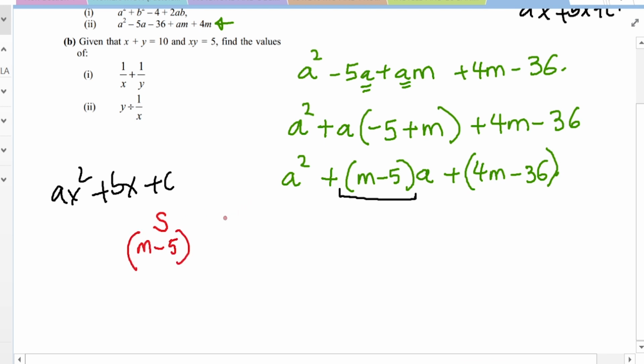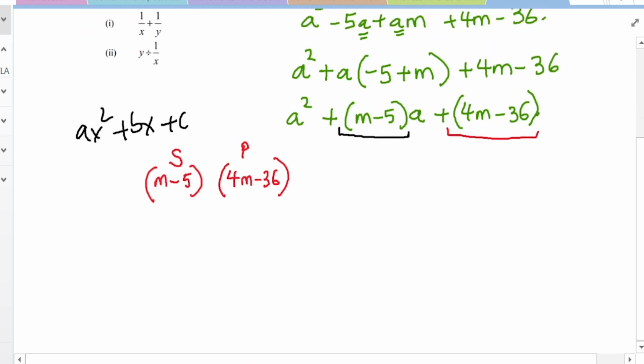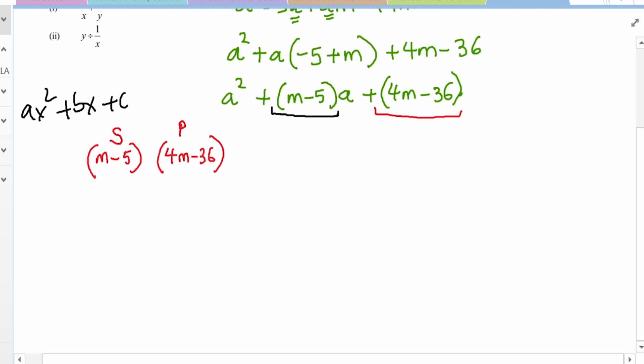And when we multiply those two numbers, or call them two expressions, they give us a product of 4m minus 36. So we are trying to find two expressions here that when we add them give a sum of m minus 5, and when we multiply them give a product of 4m minus 36. So how do we find those two expressions?